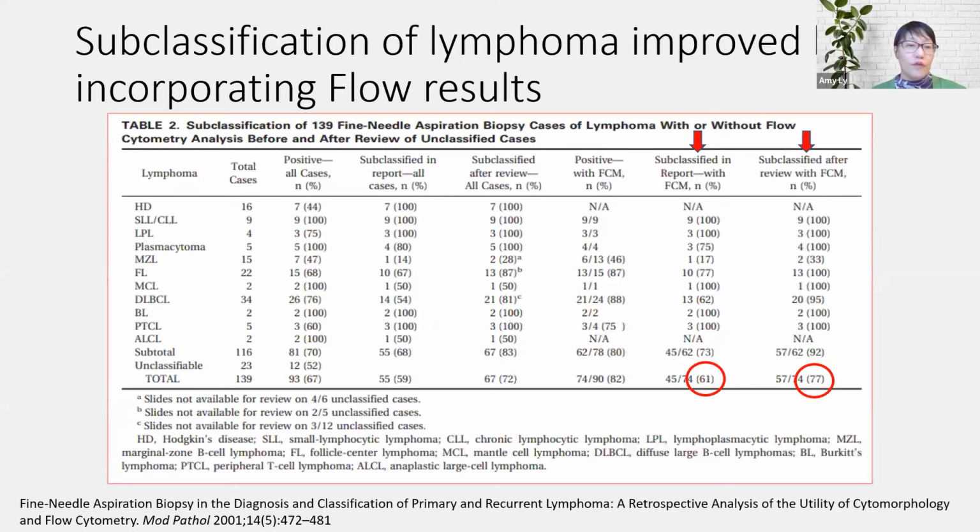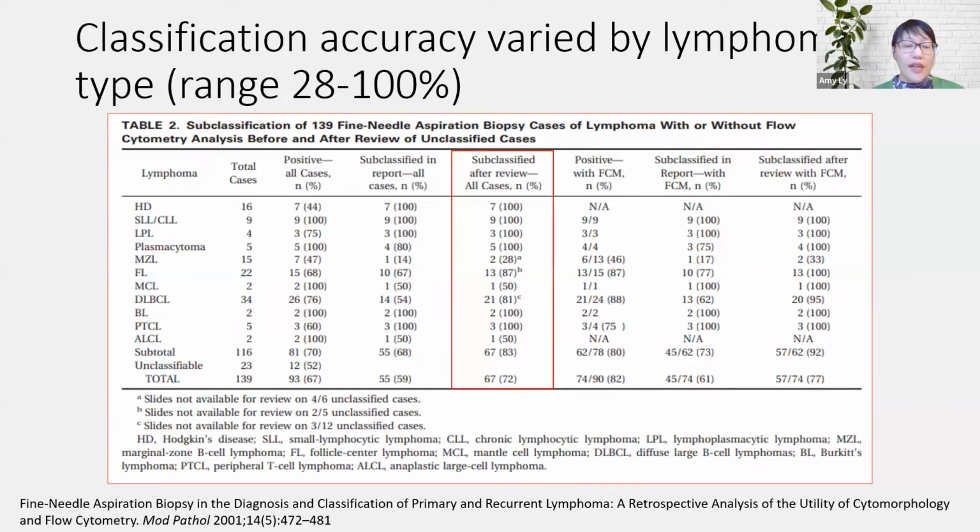So really, really helpful. Not surprisingly, we all know this by now, but the proportion of subclassifiable lymphoma cases increased from 61% to 77% after you incorporate the results of flow into your cytology diagnosis. And the ability to subclassify a particular lymphoma ranged from 28 to 100%.